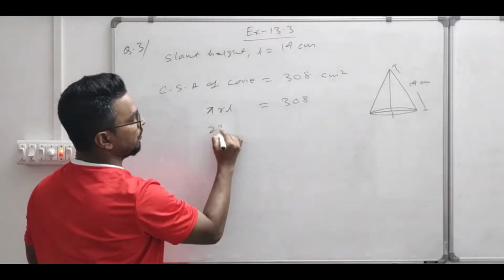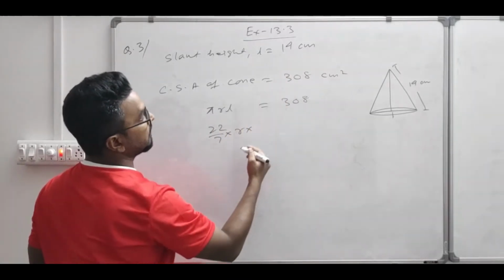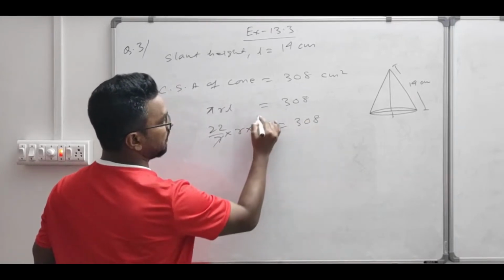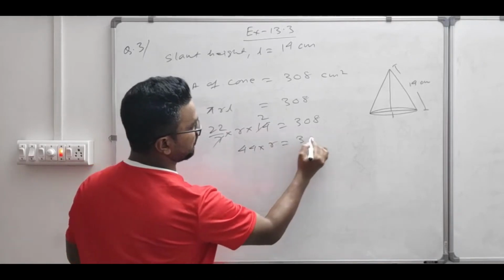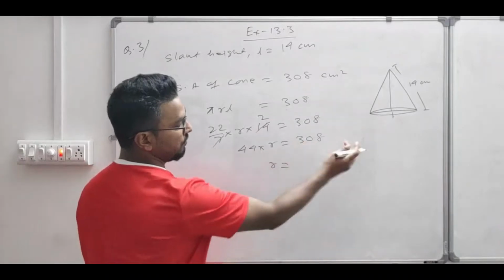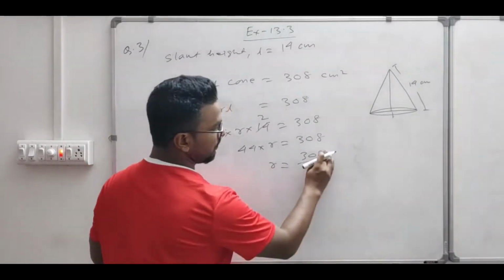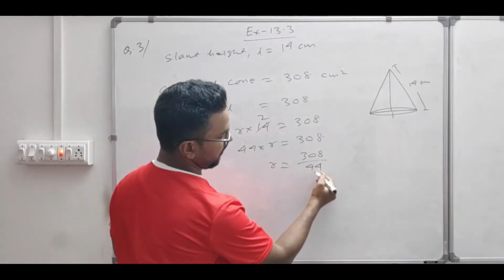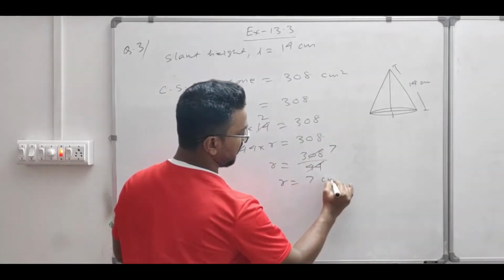Replace the values: 22 by 7 into r, we don't know, we have to find it, and slant height is 14, equals 308. So you can cancel, it will become 2. So 44 into r equals 308. Keep the r here, take this 44 to the right hand side, it will divide. So how many times? 7, you can cancel by 44 for the 7 times. So radius will become 7 centimeter.